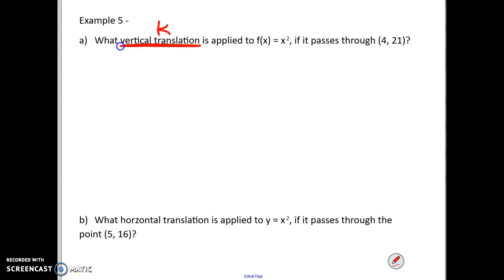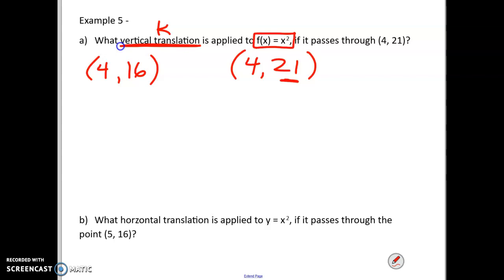So, think about this. We have the point (4, 21), and that point has been vertically changed, okay? Which means the y value has been changed. What would my original point have been? If I had 4 for the x, 16. 16 because the original function was x squared.